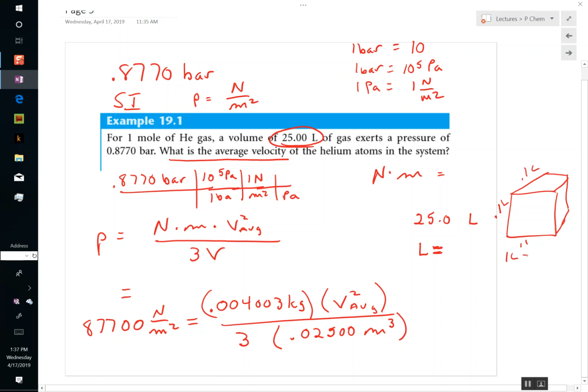So 1 liter is 10 to the minus third cubic meters, right? A liter is a deciliter on a side, a tenth of a meter on a side. So that's 10 to the minus third.